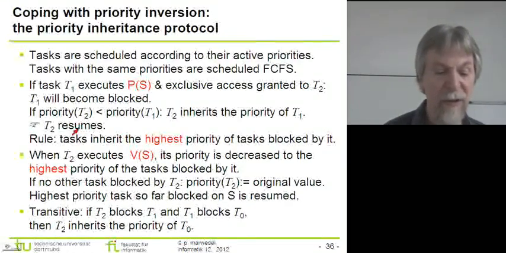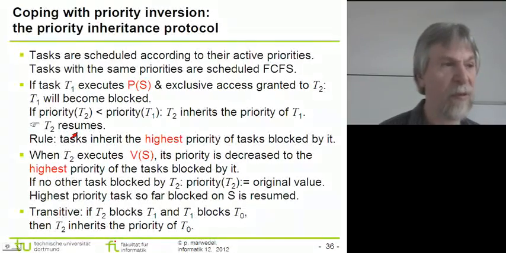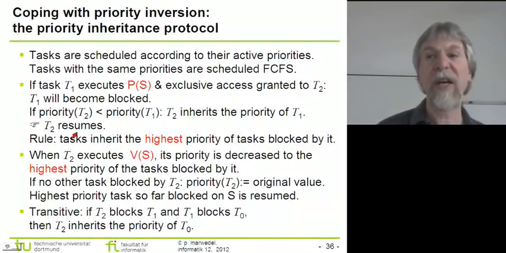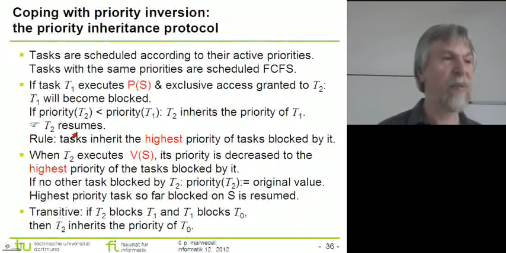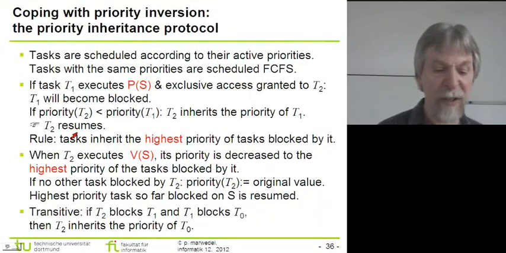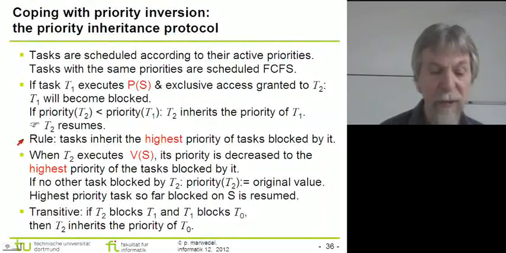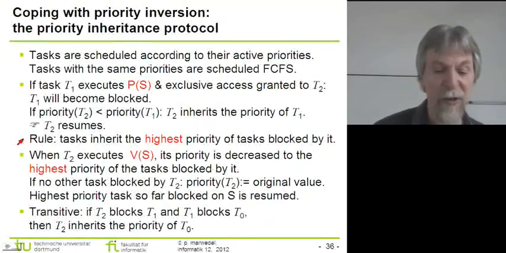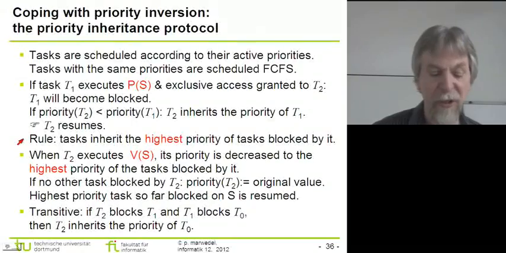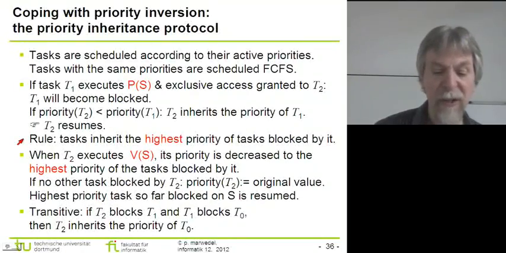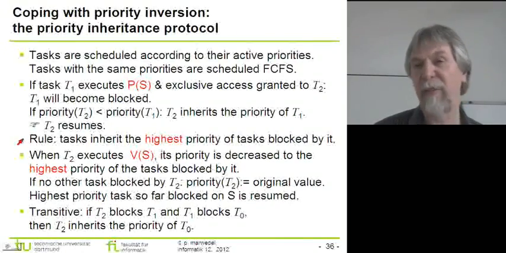And then this task T2 resumes, but it will do so at the higher priority. It will do so at the priority of the task that it is blocking. As a rule, whenever we have such an execution of such a P of S operation, a task will inherit the highest priority of the task blocked by it.